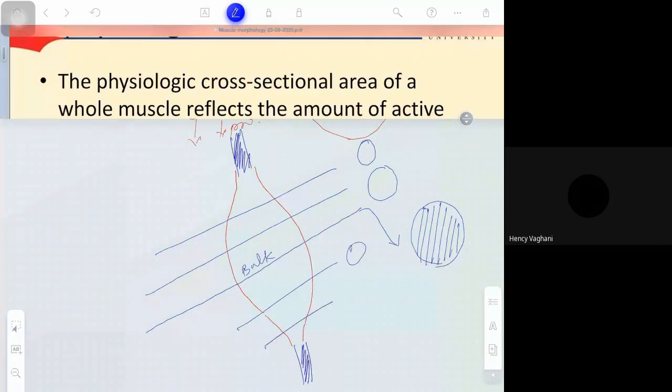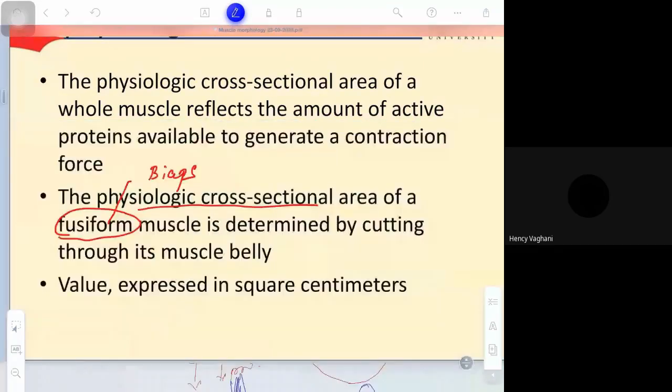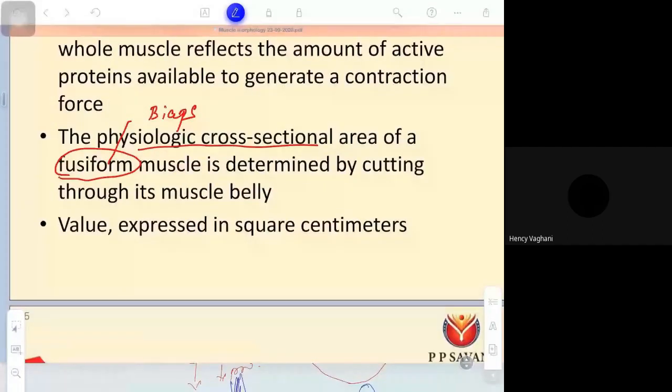Clear? So how will you measure the physiological cross-section? The physiological cross-sectional area of the fusiform muscle is determined by cutting through its muscle belly. That is the bulk, where the muscle bulk is present. There you have to see the cross-sectional area.